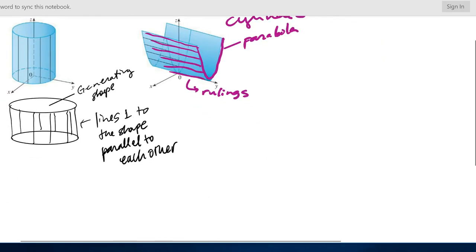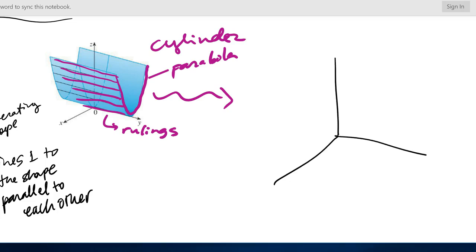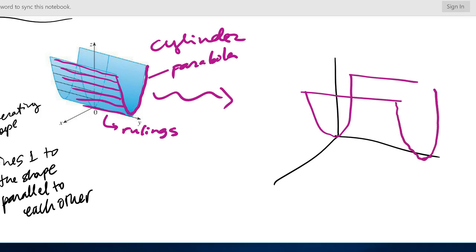If you have, for example, this one here, what you notice is that it's essentially a parabola whose rulings are parallel to the y-axis. So y is not included in this.